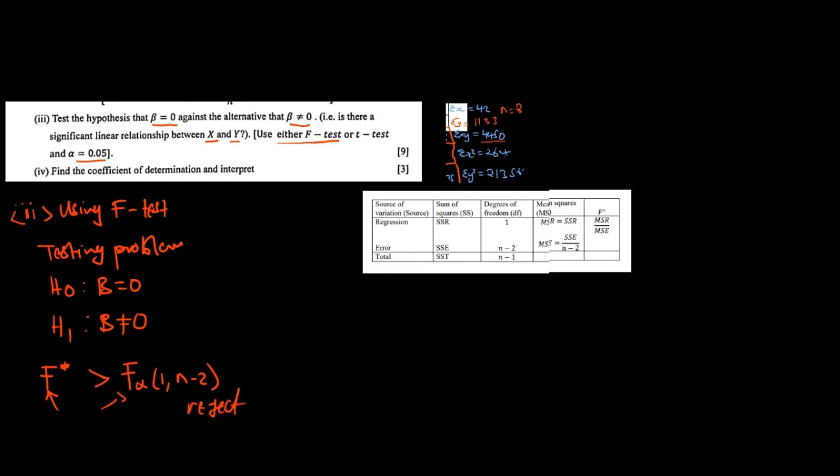If it's less, then we will fail to reject. So what is the f alpha with 1 comma n minus 2?